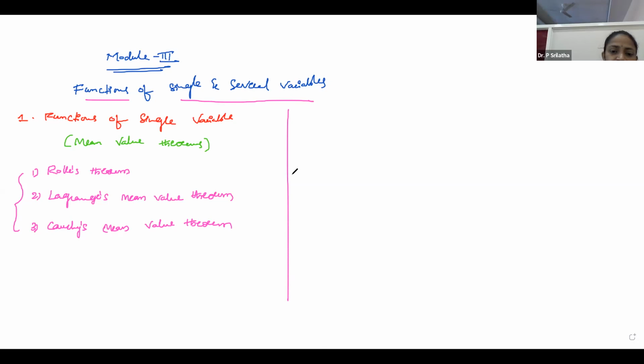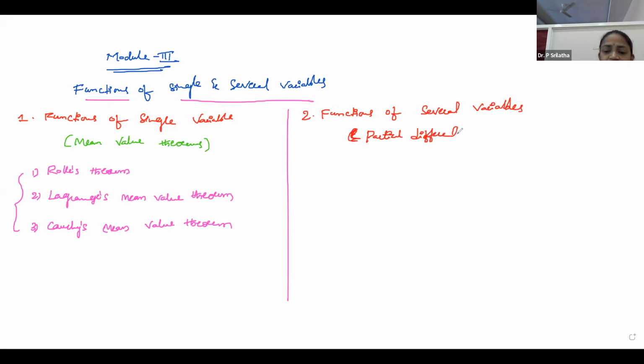So next, coming to the next chapter, that is functions of several variables. Okay. In functions of several variables, we have partial differentiation.